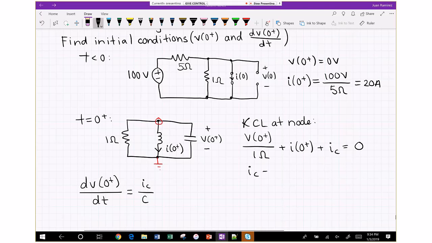So I separate IC, and we get negative 20 amps, because the voltage across that capacitor is 0 from our previous calculation.